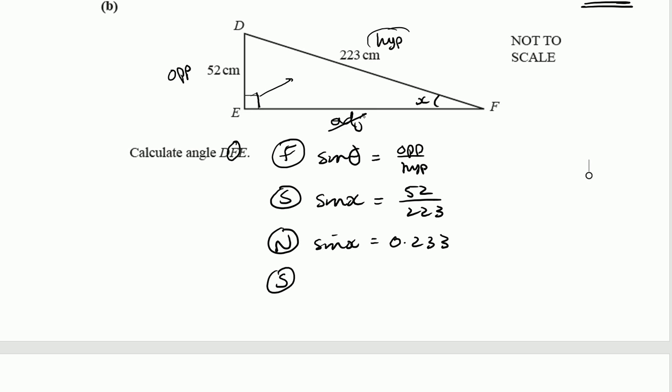Finally, if I want to get x on its own, I need to shift that sine out of the way. So I'm going to go to my calculator and shift the sine, which of course turns it into an inverse sine, sine minus 1. That comes out as 13.5 if we round it to one decimal place. And the rest of the solutions will be given in the next video.